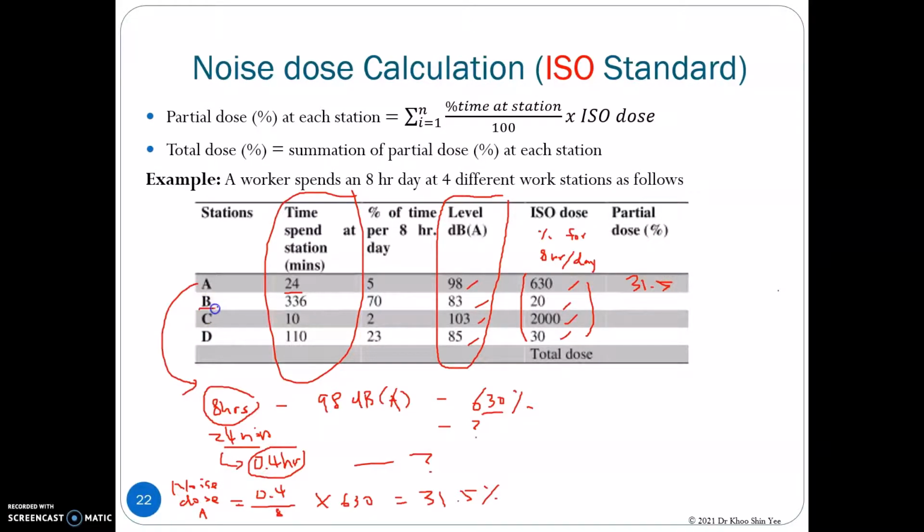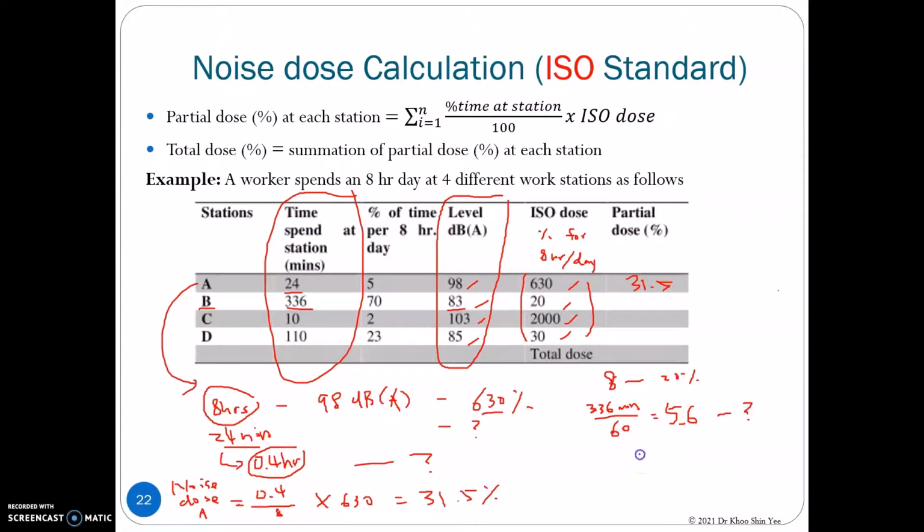For station B, at 83 dBA, for 8 hours, it will be equal to 20% of the noise dose. You stay 336 minutes, and if you divide it with 60, you obtain the answer in hours. So take the 336 divided by 60, you should obtain 5.6 hours. So 8 hours give you 20, 5.6 hours give you how much?